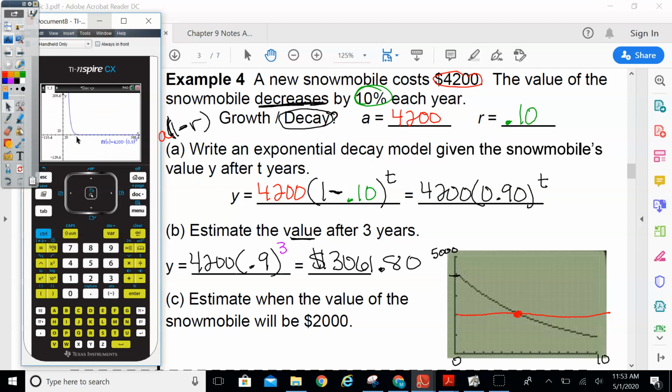Sometimes dragging, you can't get a nice window, so I'm just going to go change it. 0 to 10. Again, that's usually the x's. You can't go too far into the future here. 0, because it can't be a negative value. And then it goes to the 5,000.